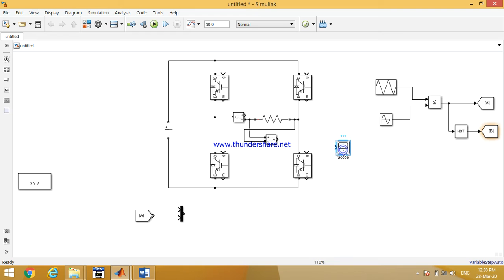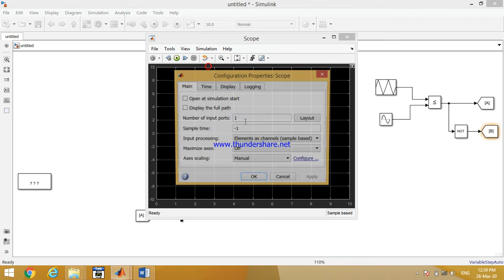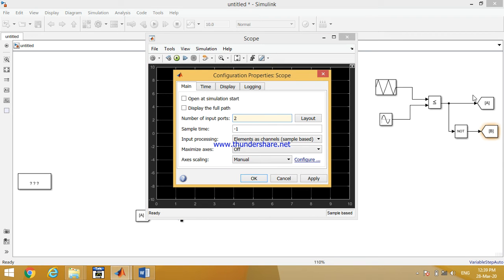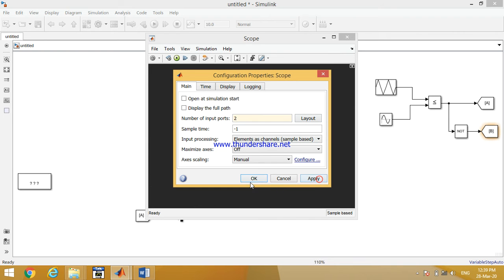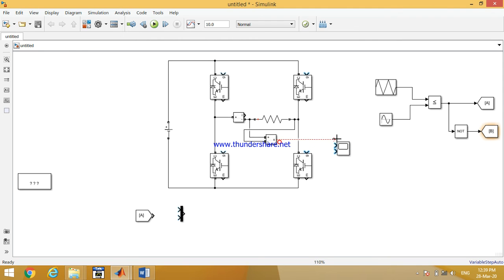We are double clicking on the scope to view both the voltage and current waveforms simultaneously. We are taking 2 inputs at the scope, apply and OK. The first one is the voltage and the second one is the current, right?